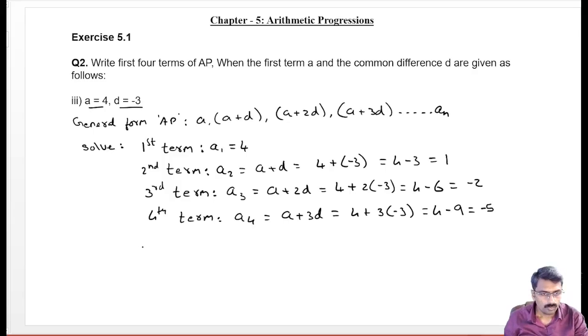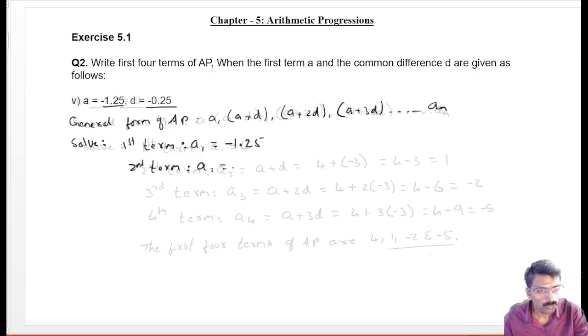Now the first 4 terms of AP are 4, 1, -2 and -5.